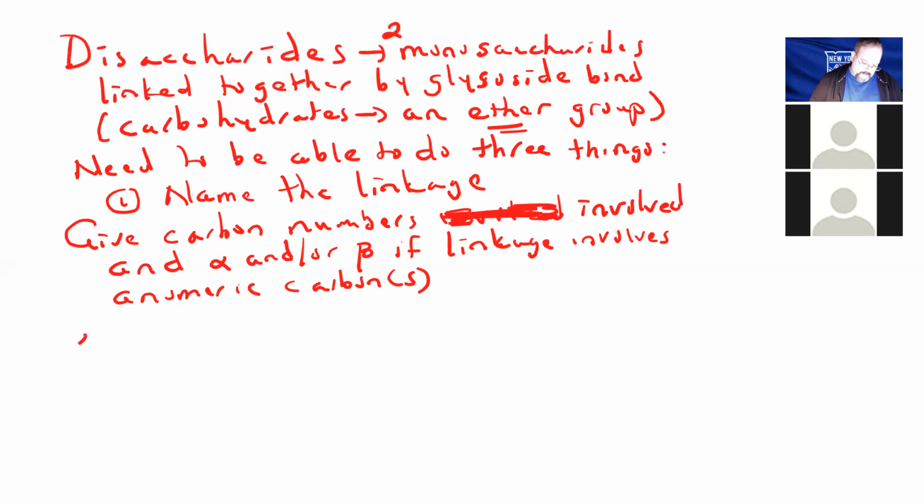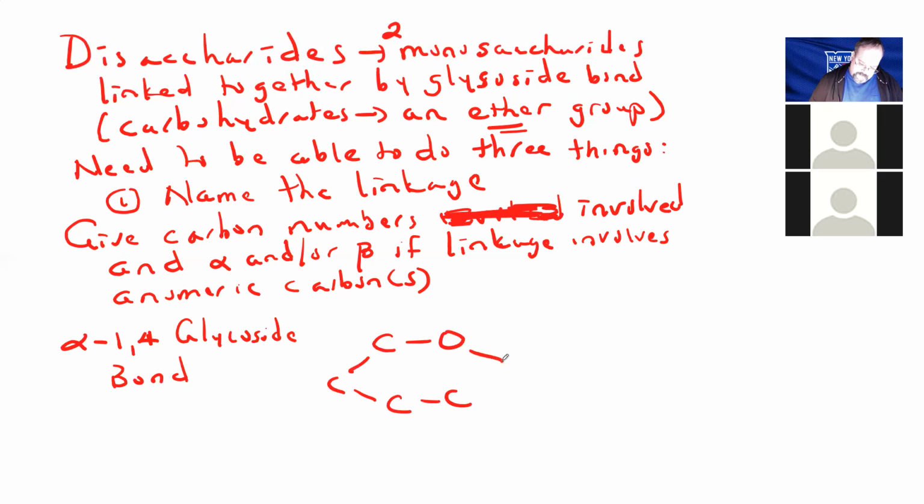The first one was an alpha 1,4 glycoside bond, or an alpha 1,4 glycoside linkage, however you want to refer to it. So what did that look like? That looked like the following.